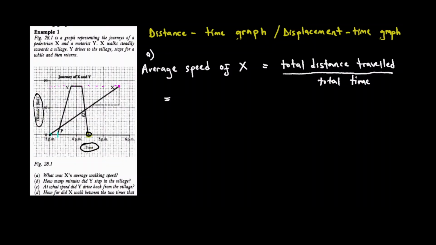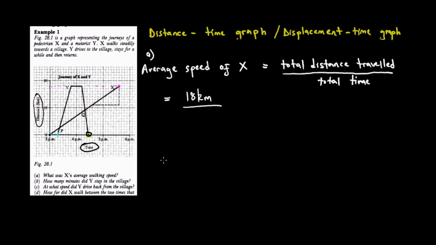Counting the squares above 10 until we get there, or counting from 20 going back, we see our total distance is 18 kilometers. Are we together there? Yes, 18 kilometers.